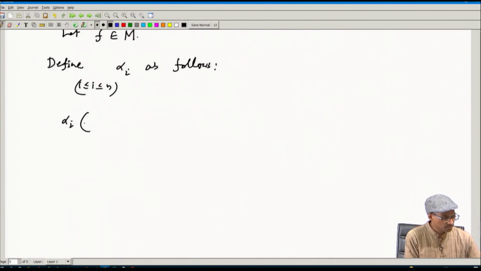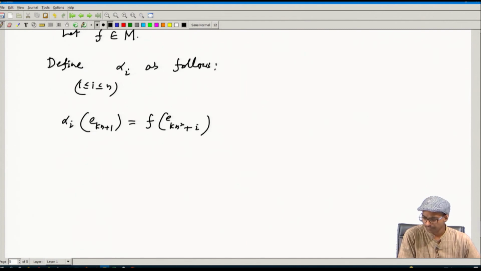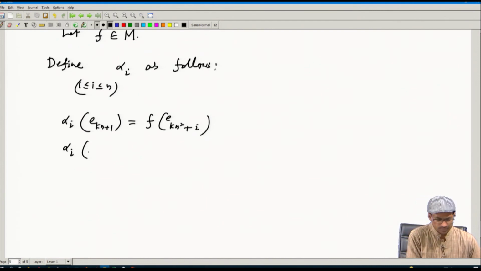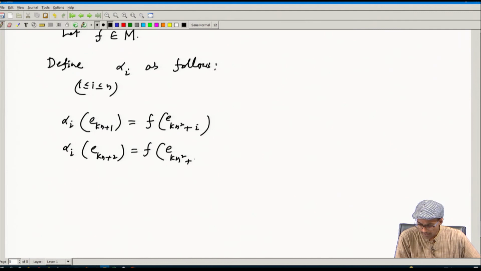Alpha_i of e_{kn+1} is equal to f of e_{kn²+i}, and alpha_i of e_{kn+2} is equal to f of e_{kn²+n+i}, and so on.